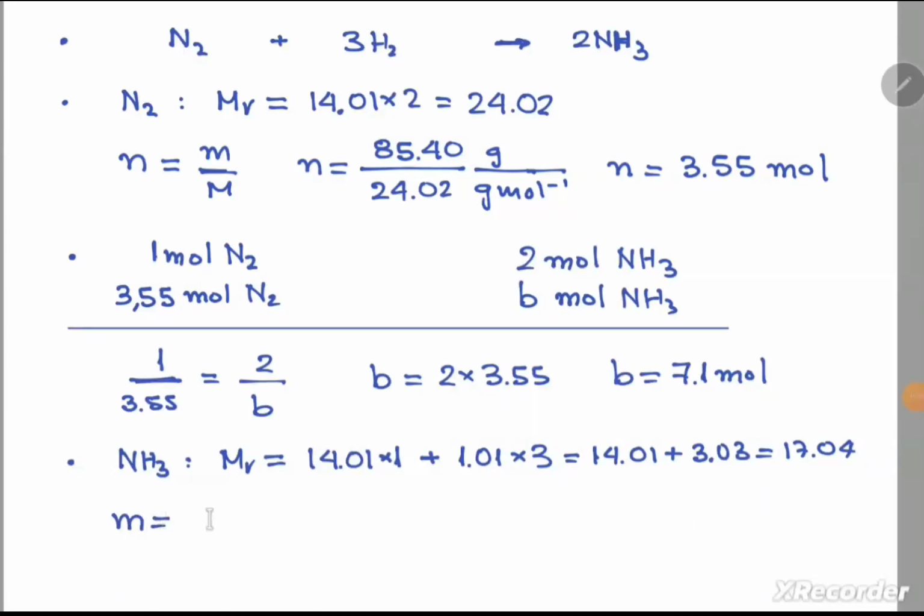Then we find the mass, and we have the number of mole times the molar mass of ammonia.